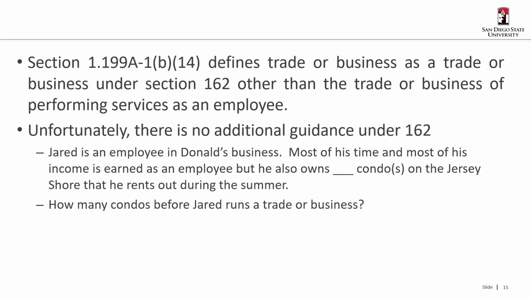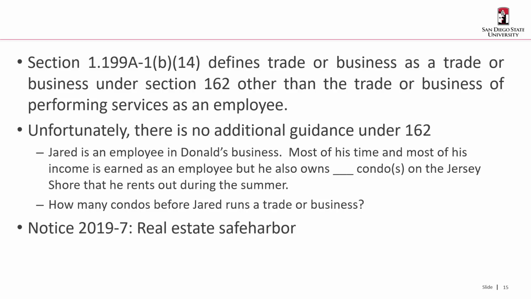So if it's just one, we could probably argue, yeah, that doesn't really feel like a trade or business. But if suddenly Jared is managing or owning and operating 12 properties on the Jersey Shore, that might be a little bit different, right? This may no longer simply be some form of production of income, but rather it meets the standard of a trade or business.